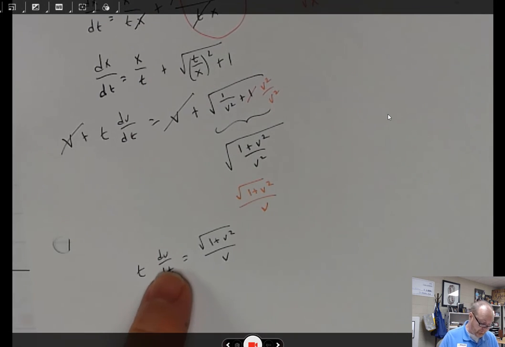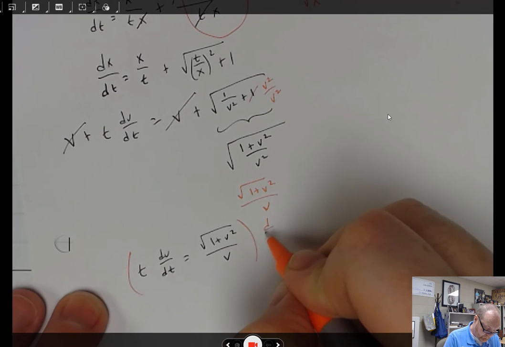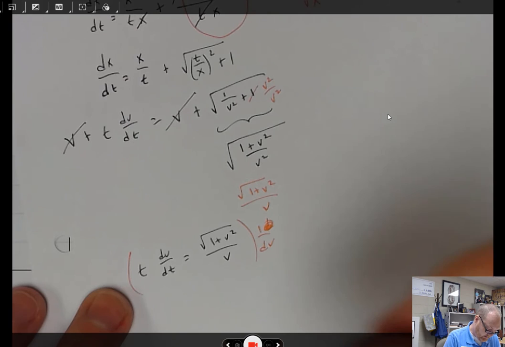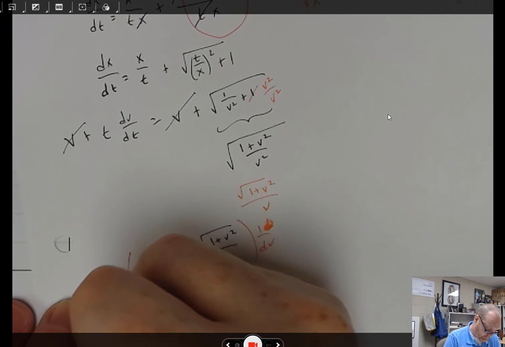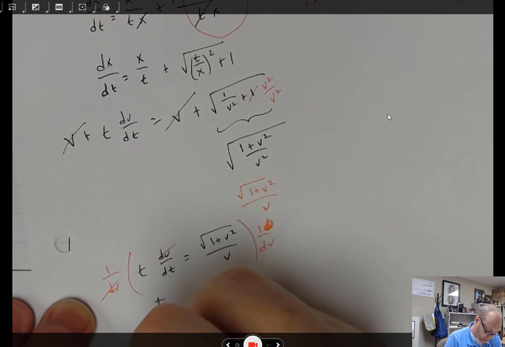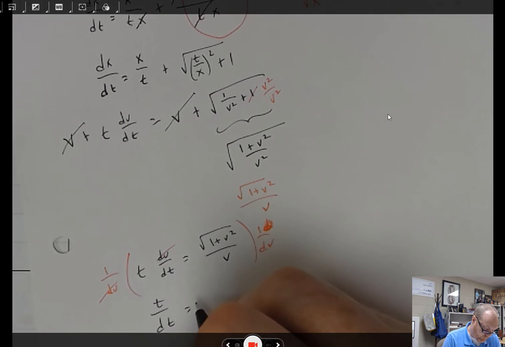So if I multiply both sides by 1 over dv, over here I'm left with the square root of 1 plus v squared over v, dv.